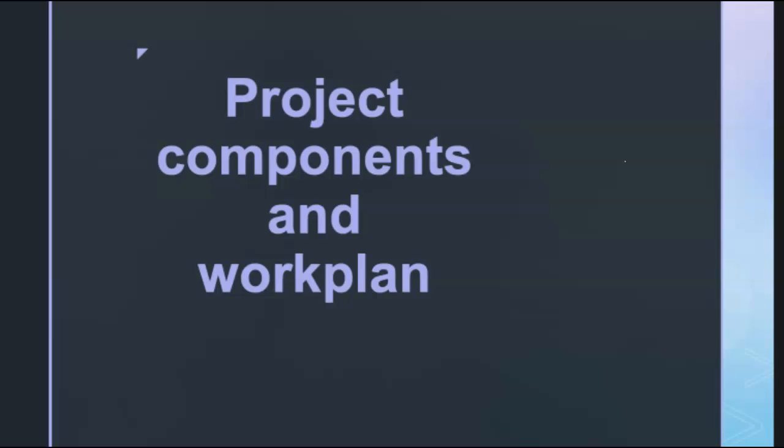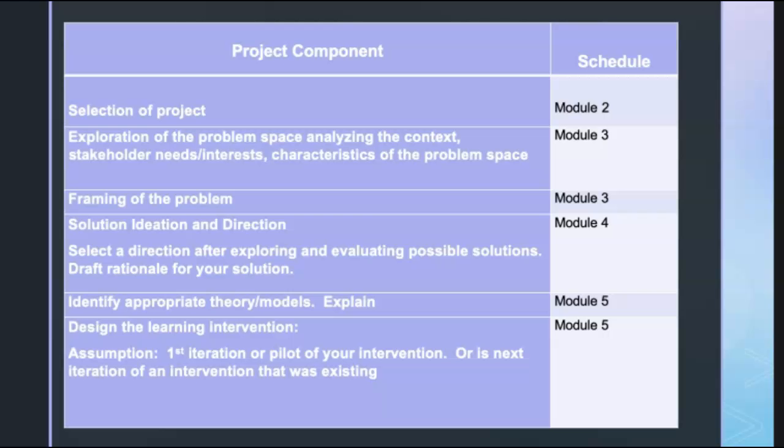So the project components and the work plan are identified in the following slides. First of all, during Module 2, you'll be given the opportunity to start selecting your project. And really what this means is that you'll be coming up with ideas for your project. It's not saying that you need to have that finalized, but start coming up with some ideas.